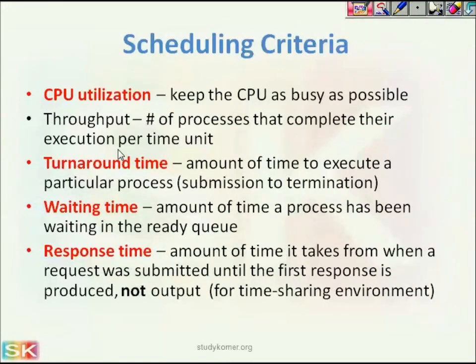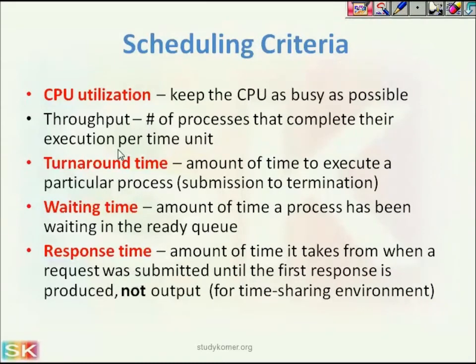Throughput is the number of processes that complete their execution per unit time, right? So throughput is another parameter which we have to consider. Turnaround time is the amount of time to execute a particular process, that is, from submission to termination.